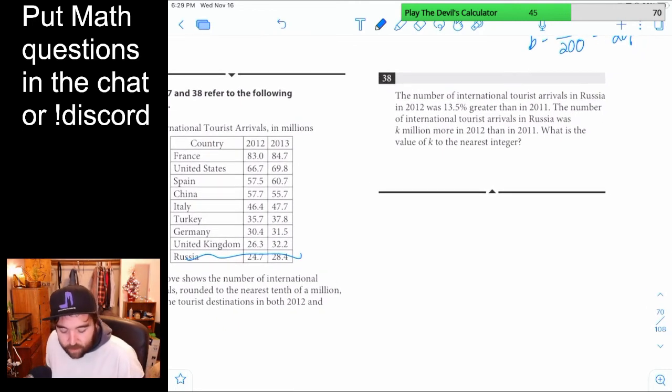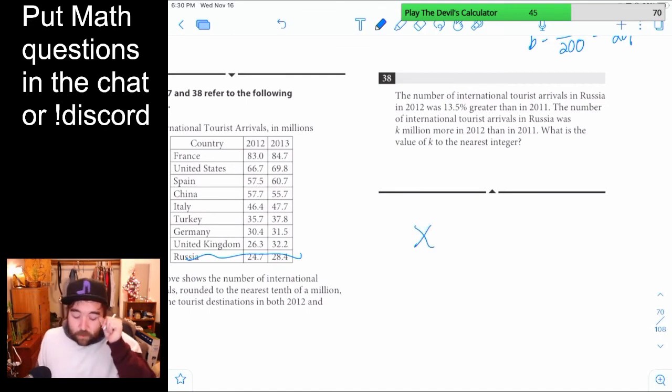And I would calculate the 2011 number, because we know that the number of international tourists in 2012 is 13.5% greater than 2011. So I would say it's percentages. So don't try to go right to the answer. Just set up your percentage equation. We have that x, which is our 2011.